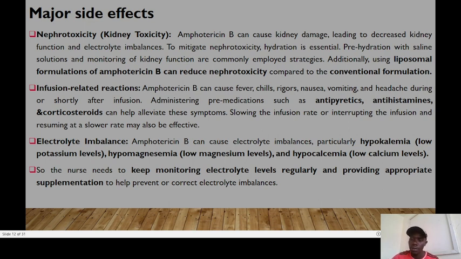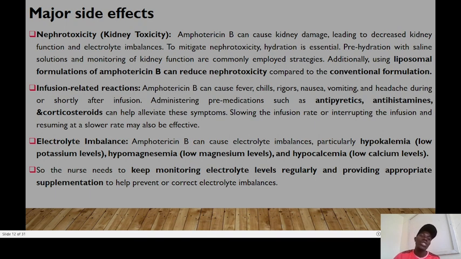So patients will present with reduced urine output and increased creatinine levels. We could also have electrolyte imbalances. To mitigate this, you have to ensure that you are hydrating your patient well, so we could give pre-hydration with saline solutions and monitor kidney function.